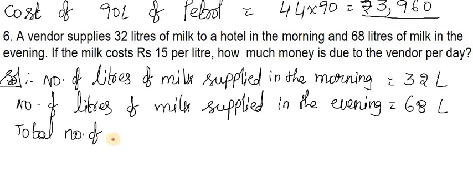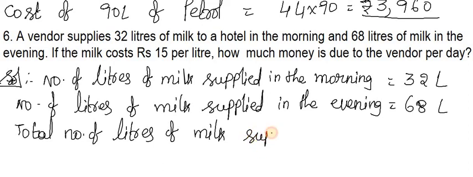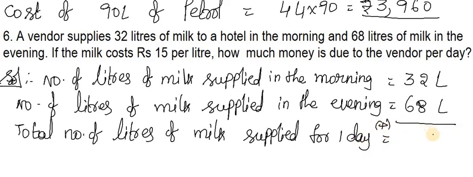Total number of liters of milk supplied for one day is equal to 3 plus 8 is 10, 6 plus 3 is 9, and carry 1, 100.